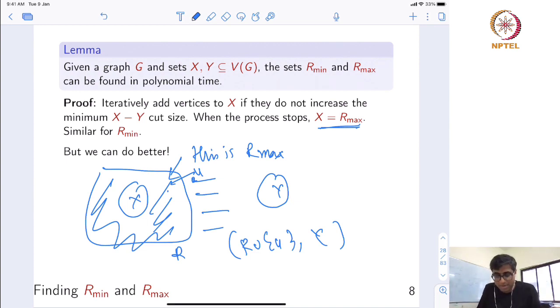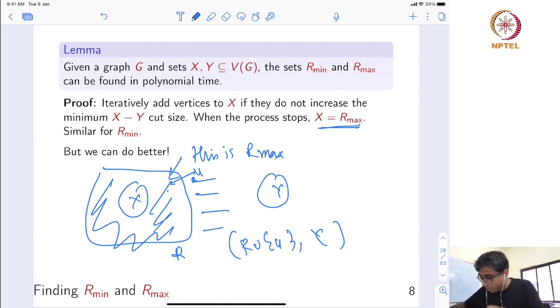You know that the min cut between R and Y is lambda. So now you take R union a single vertex, put them together and ask what is the min cut between this set and Y. If it is still lambda, then you know that U is also part of it, because this set is contained inside that R max. Otherwise, you forget about that U and try some other vertex.